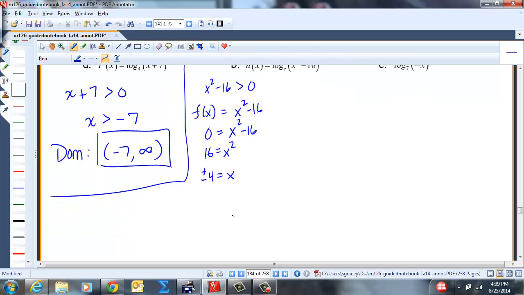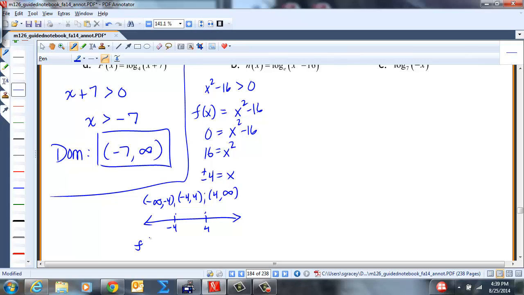So that would divide up the number line. You have -4 and 4. So minus infinity to -4 is that interval, -4 to 4 is here, and 4 to infinity is here. And we'll do test values.